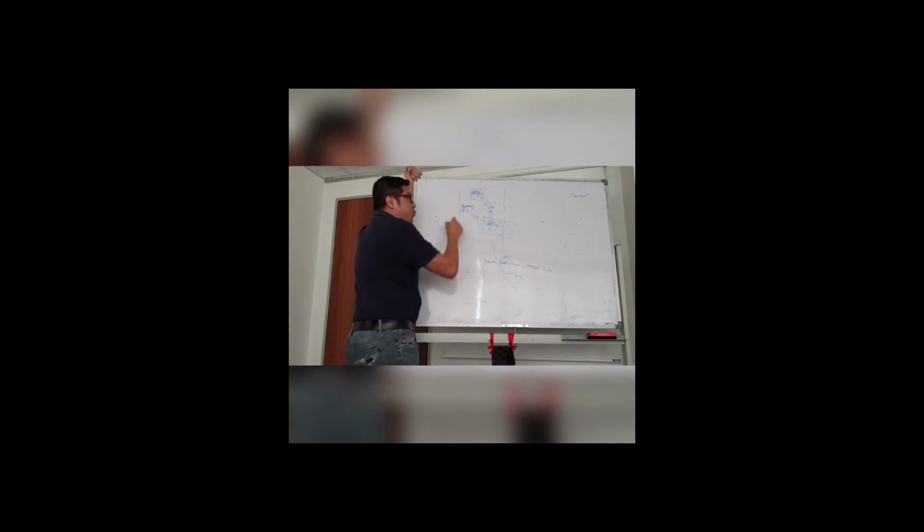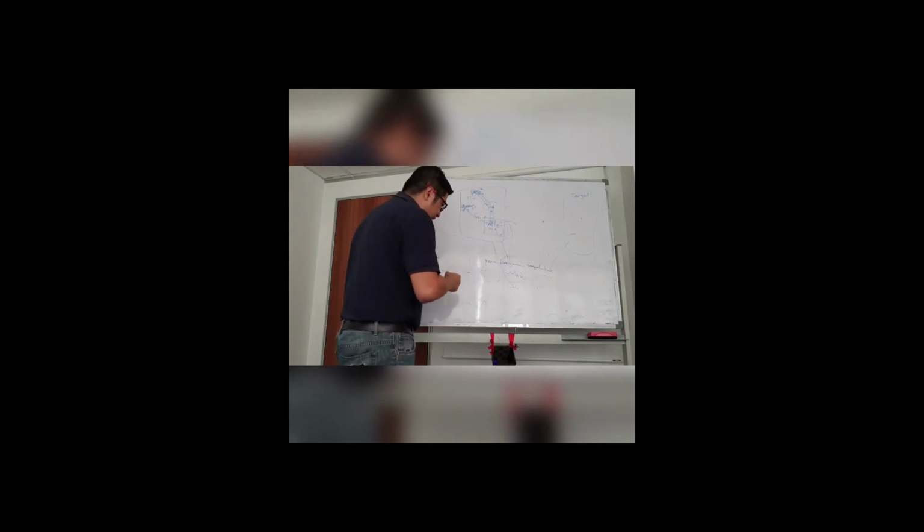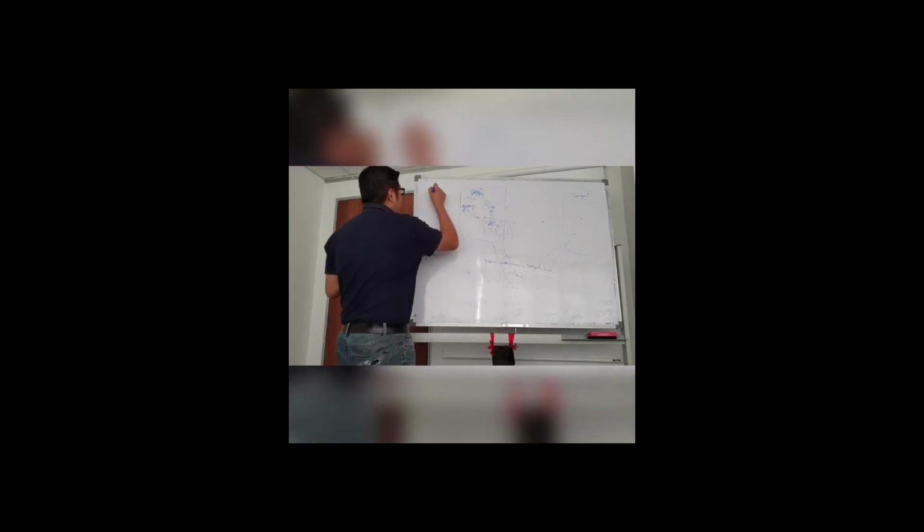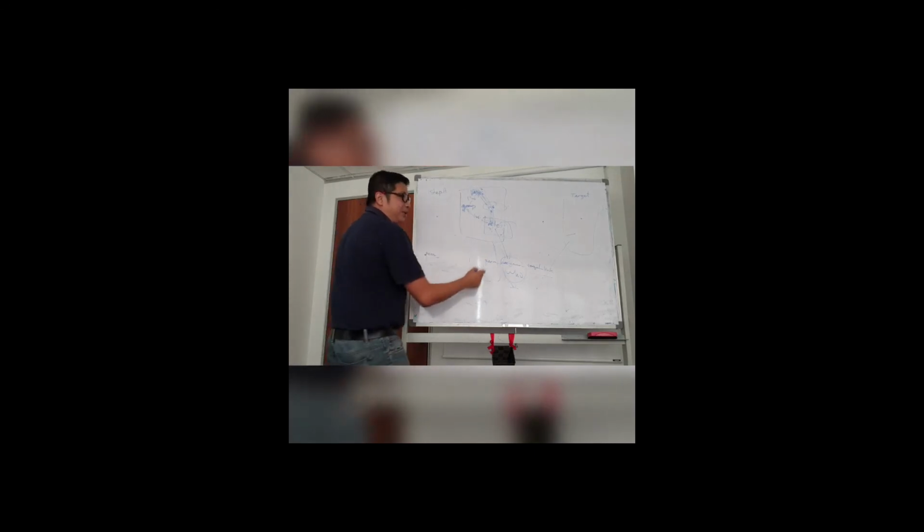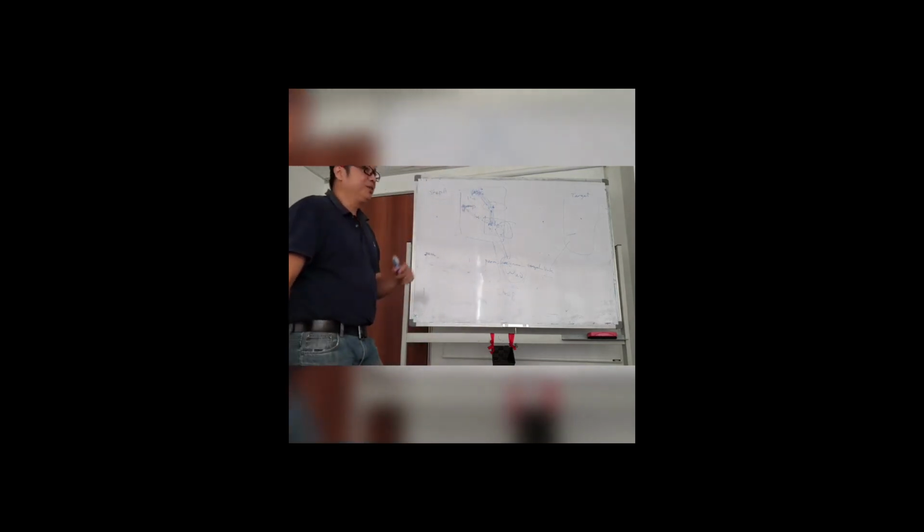Now, this one, let's call it step A. This one, let's call it step B, or process B. And then we have another one that is step C, which is the creation and the maintenance of this itself.